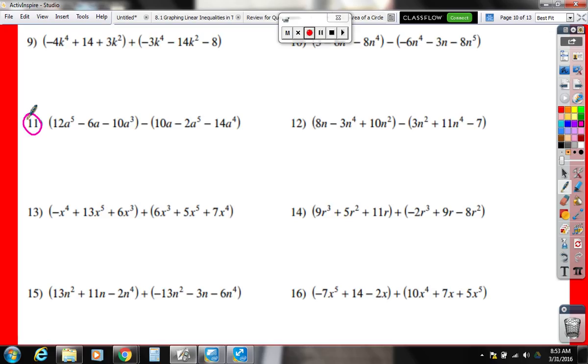So what's the first thing that I'm gonna do? Aiden. Okay, so I get 12a to the 5th minus 6a minus 10a to the 3rd. Keep going for me. Yeah, I think it's a 5.